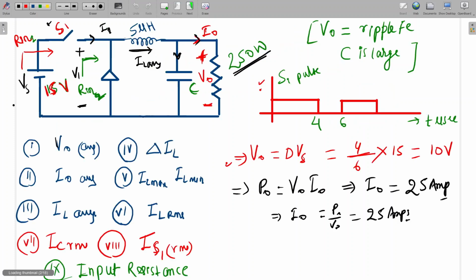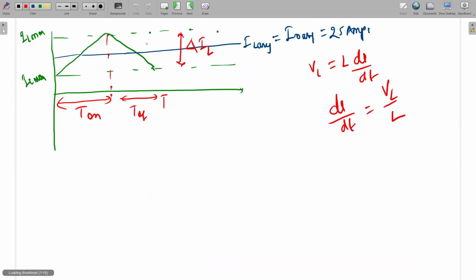Coming to the circuit, this is the VL, here plus and here minus. So during the on duration, what will be this voltage? When this switch is on, this voltage will be Vs minus V naught. From this waveform we can observe what this di by dt will be.